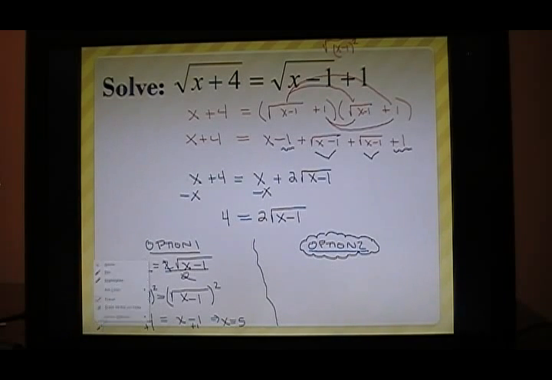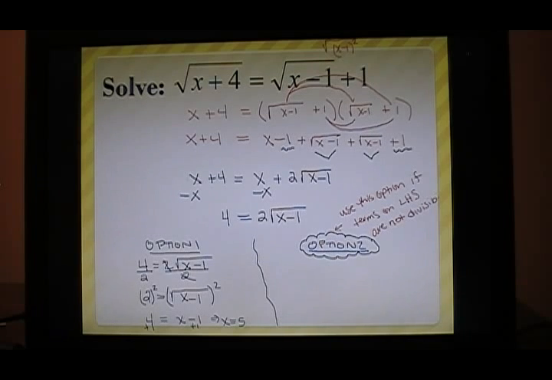Okay? So typically I reserve this second option for instances where the terms on the left-hand side, LHS, are not divisible by the coefficient of the root.